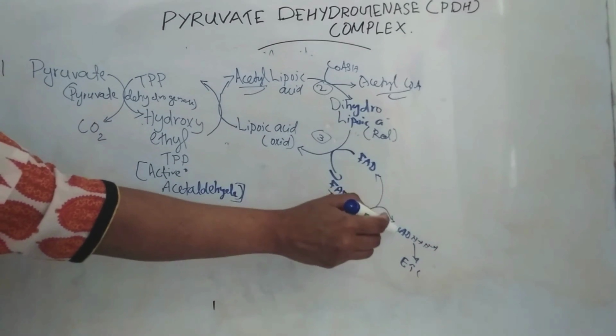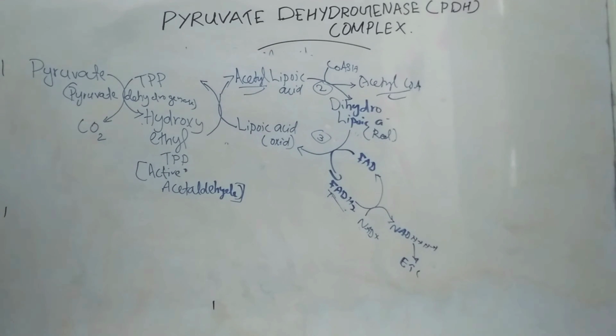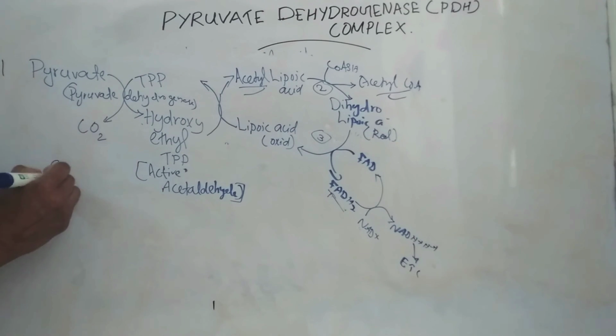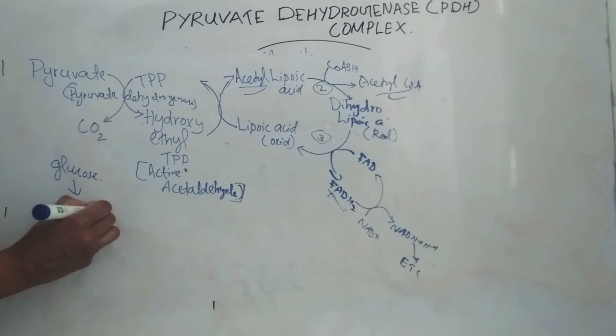We know that the NADH will enter into the ETC and it will form ATP. So from one molecule of glucose, we will get 2 molecules of pyruvate.